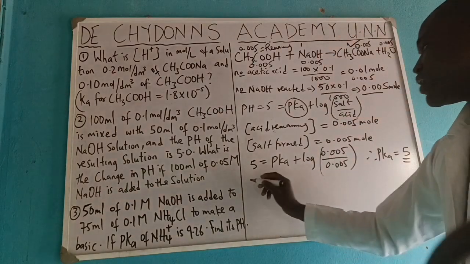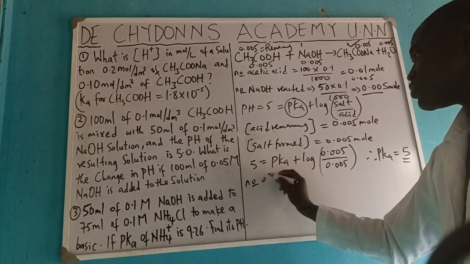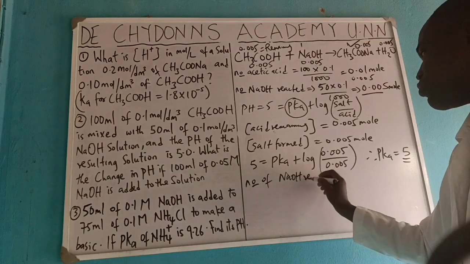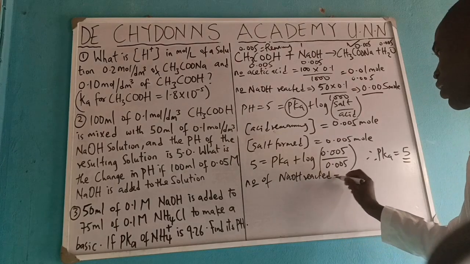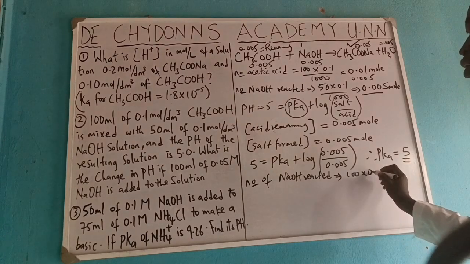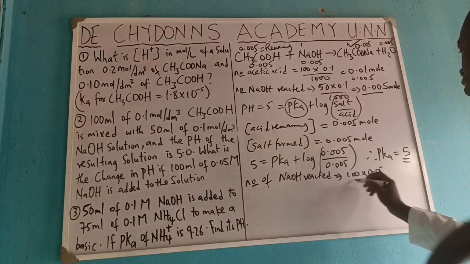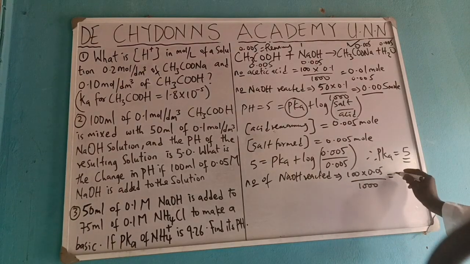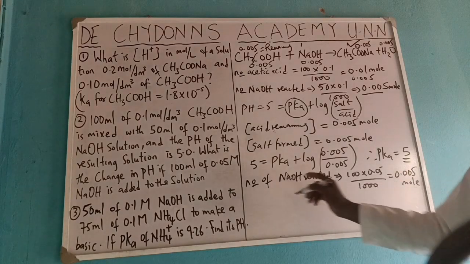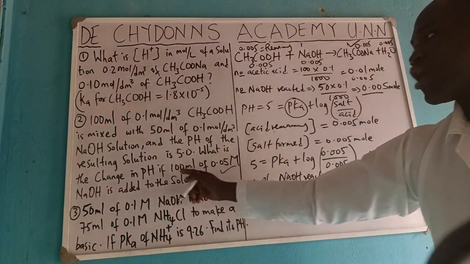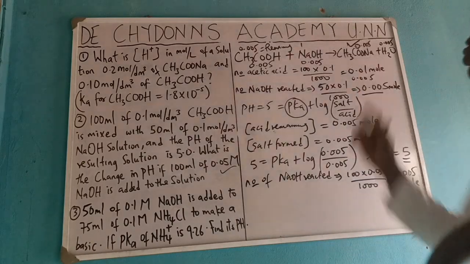The number of moles of sodium hydroxide reacting equals 100 times 0.05 all over 1000. That gives 0.005 mole, when you carry 100 ml of this and put it inside the same solution.